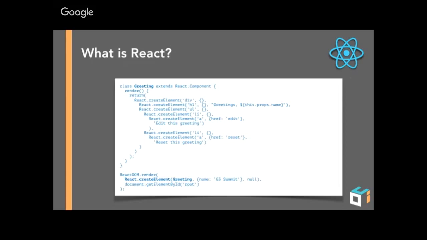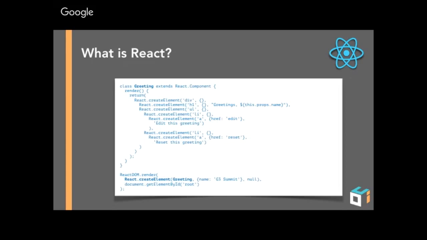So here, hopefully you don't have to read the code exactly. Hopefully you can just tell it's more code than we had before. This is our same greeting component. I've just added an unordered list and a couple of list elements with links. And just with that little bit of additional markup, I had to chain a bunch of createElement calls.